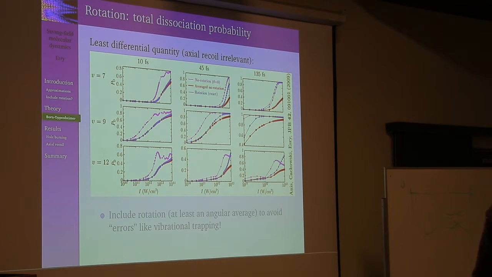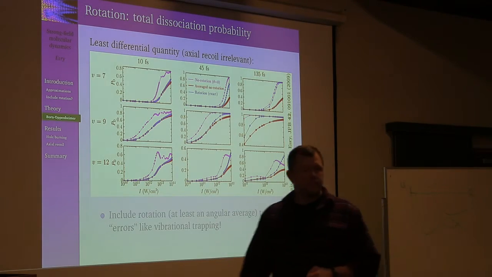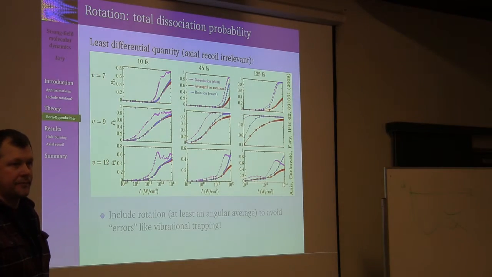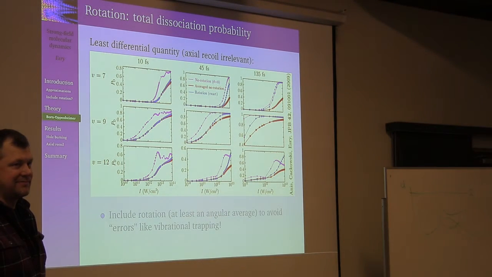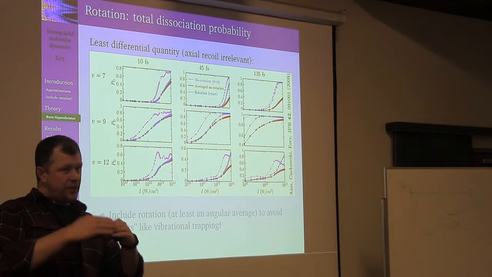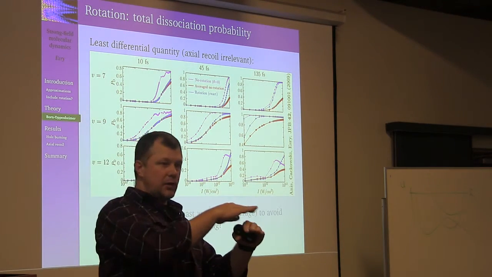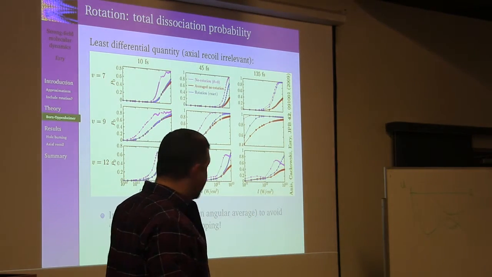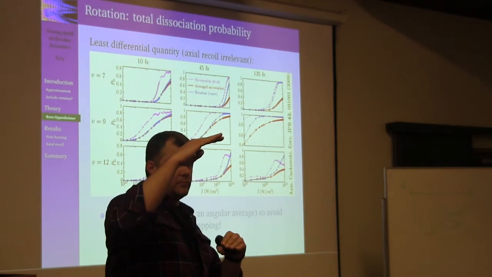The V equals 7, 9, and 12, what does that mean? That's the initial vibrational state. Vibrational states start at V equals 0, that would be the ground state. For H2+, it goes up to V equals 19.